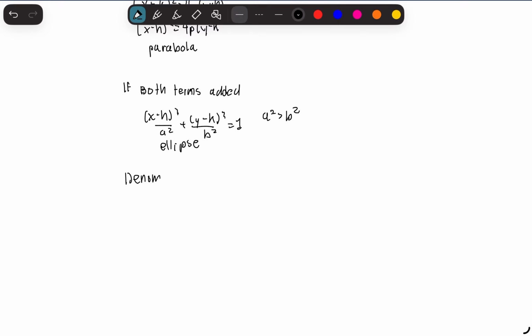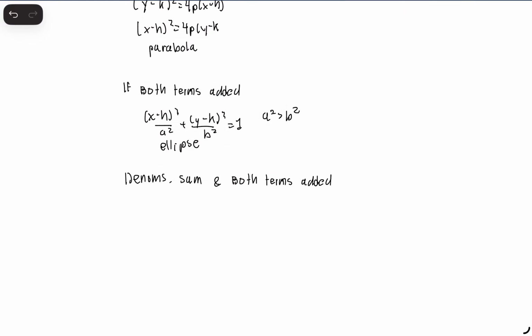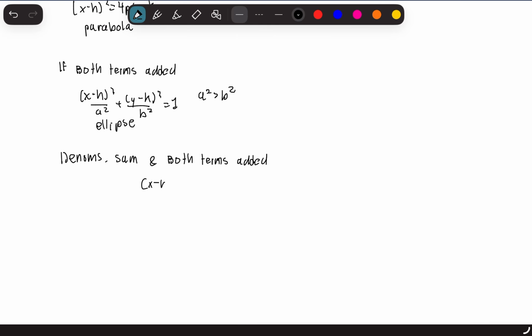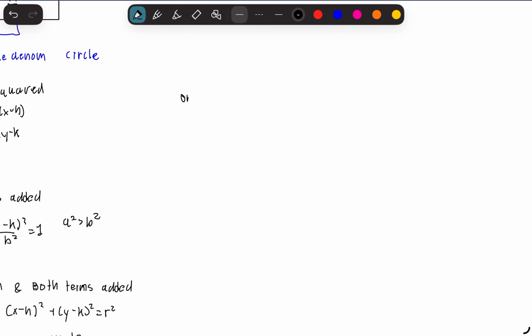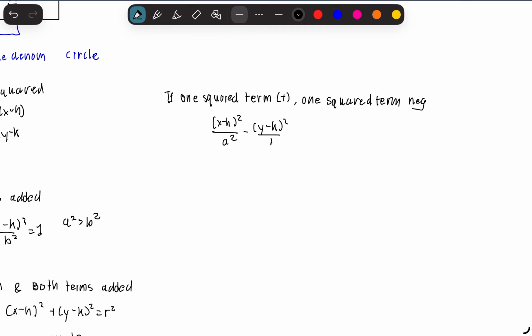If the denominators are the same and both terms are added, you have a circle. Now if you have, parabola.